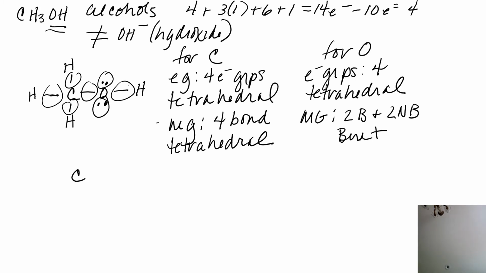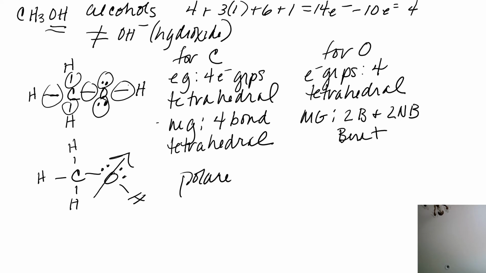So I could redraw this to reflect that bent structure. It also means we have a dipole here. So when it comes to polarity, yes, we have polar bonds, and the 4 atoms bonded to carbon are not the same.